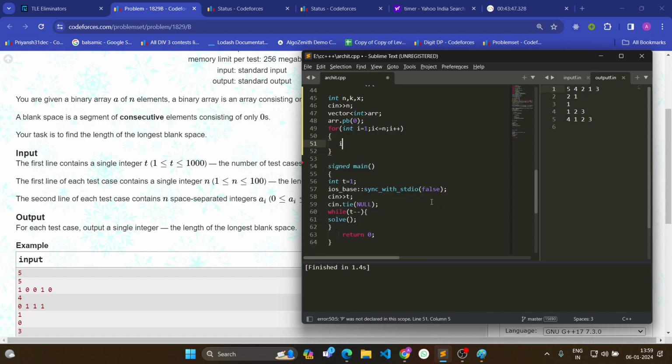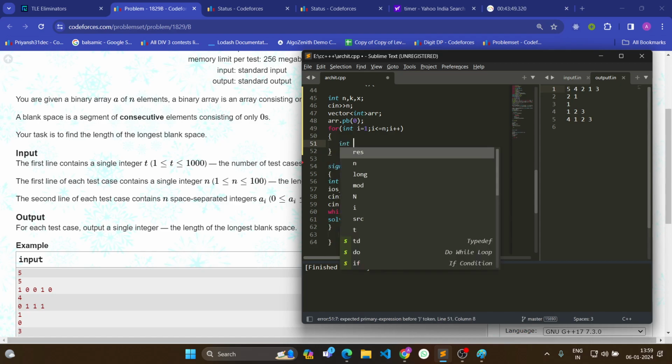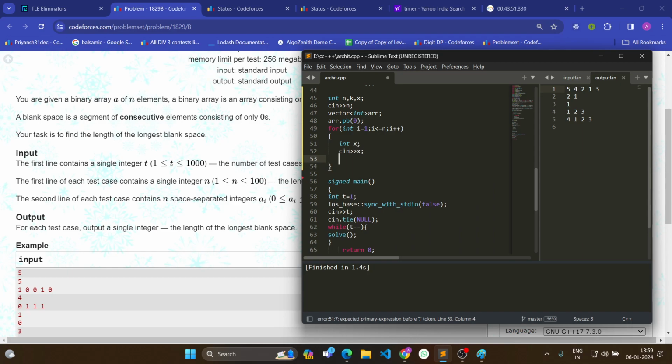If array of i, if x is equal to 1, that is the consecutive difference between any two ones, then I'll push back i, and in the last I'll push back n plus 1.